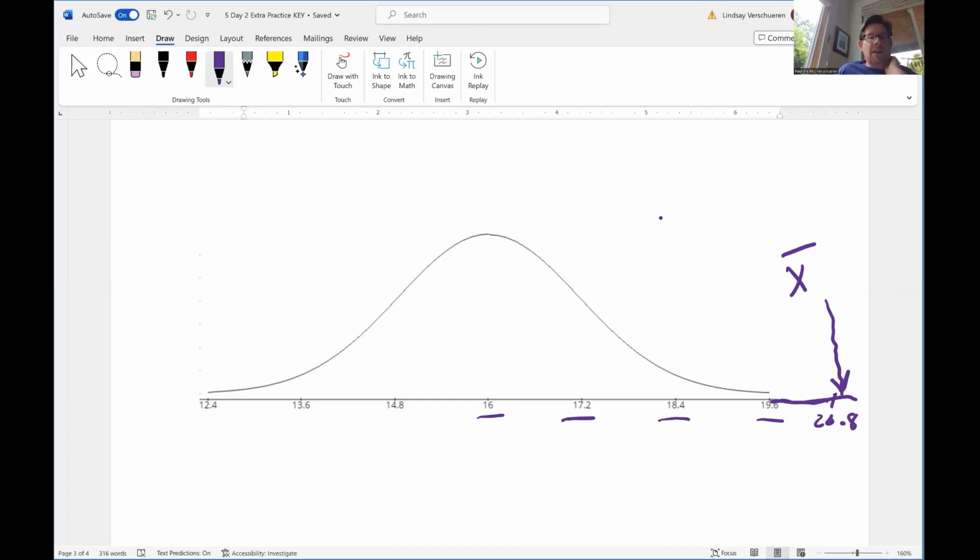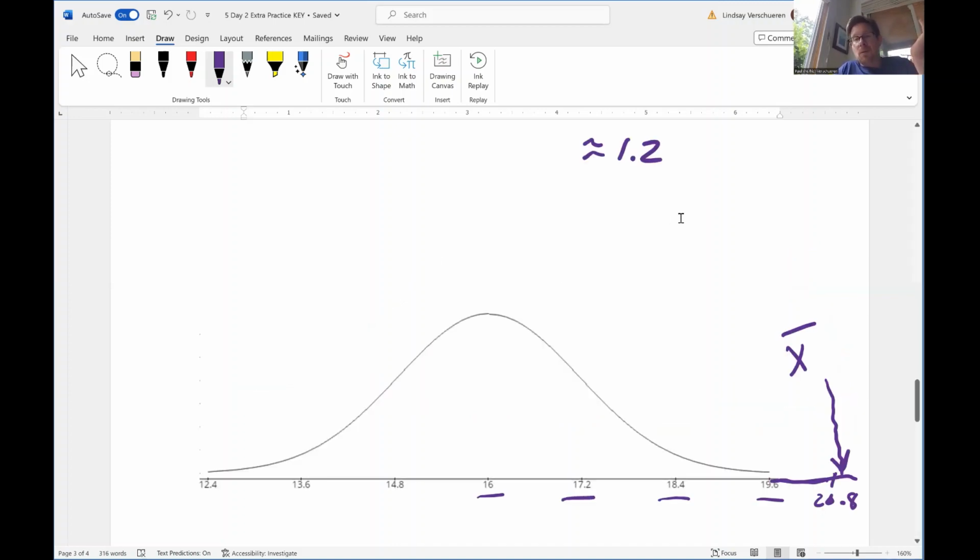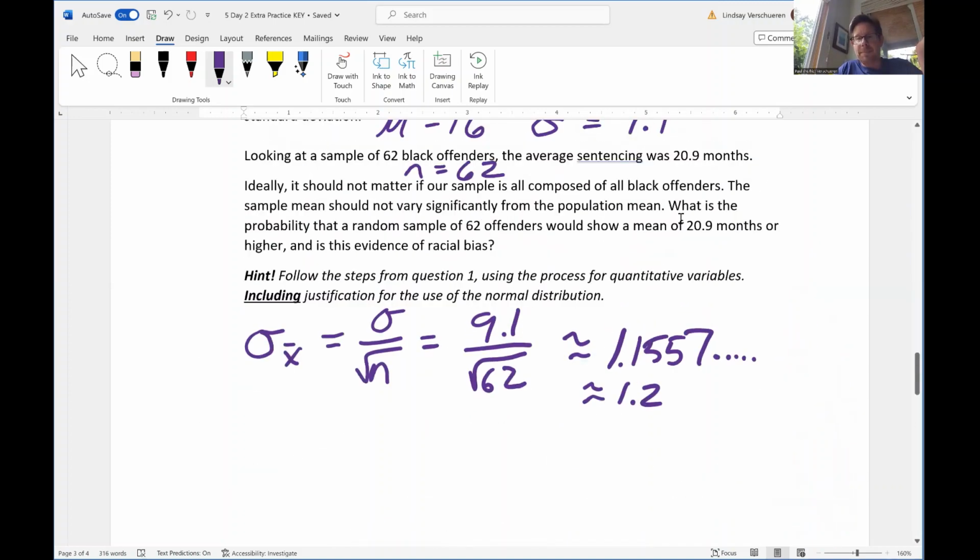Of course, you say, oh, that can't happen. Well, it did happen. This is exactly what happened when they looked at those particular 62 offenders. Their average was off the charts. So that shows very strong evidence that there's racial bias in sentencing, and essentially 0% chance that this is only due to sampling variation.